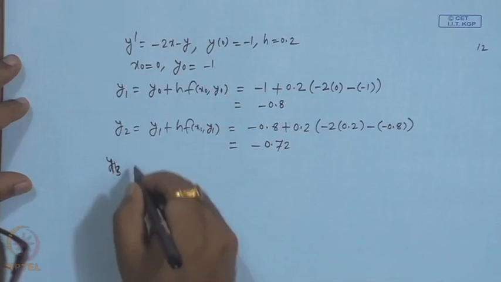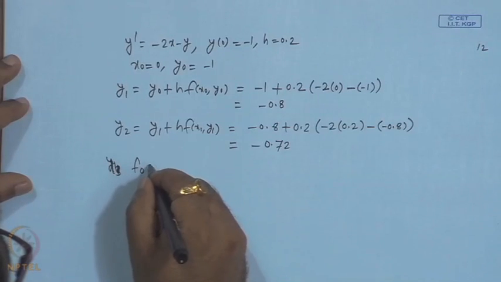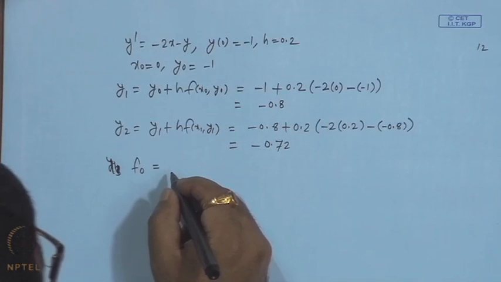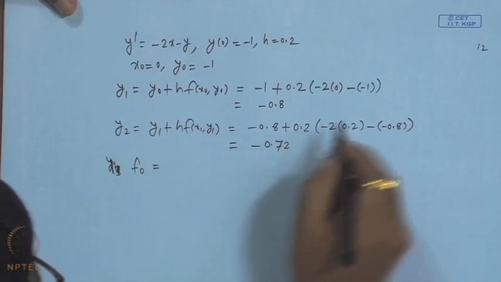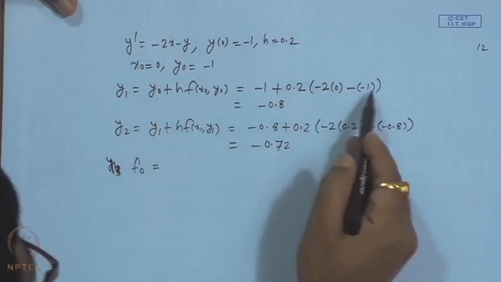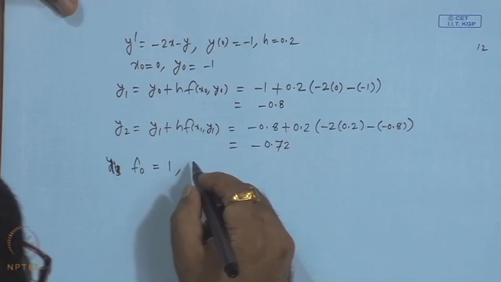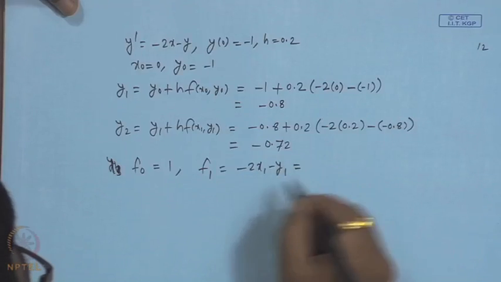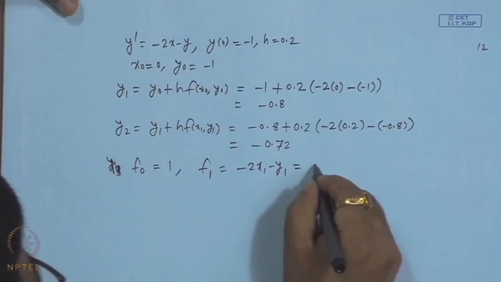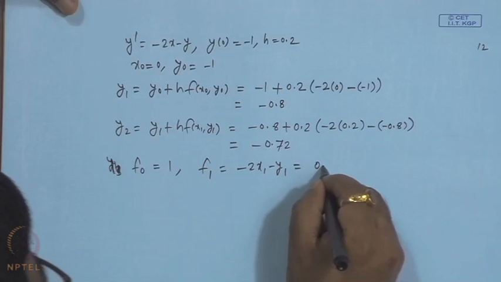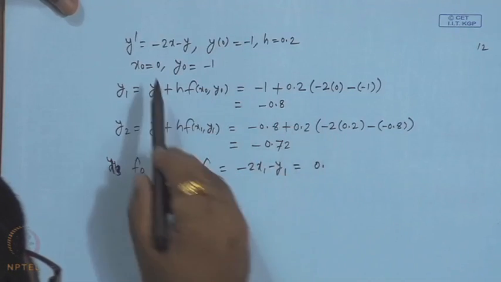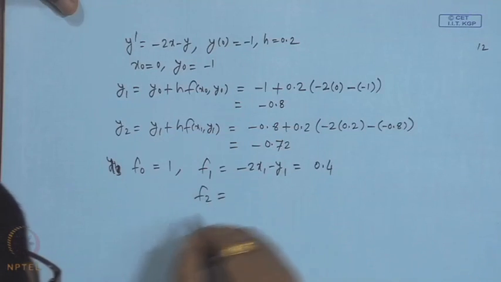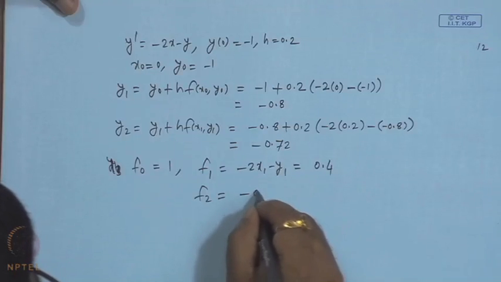Now, of course, we need immediately f 0. So, f 0 is minus of y 0, which is minus of minus 1, so this is 1. Then f 1 is minus 2 x 1 minus y 1, so f 1 is 0.4 and f 2 is minus 0.08.